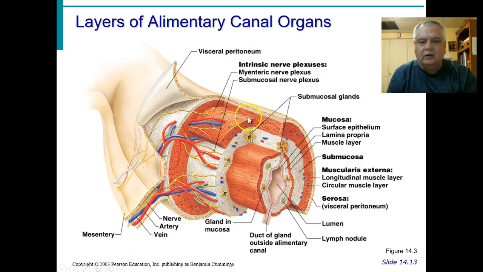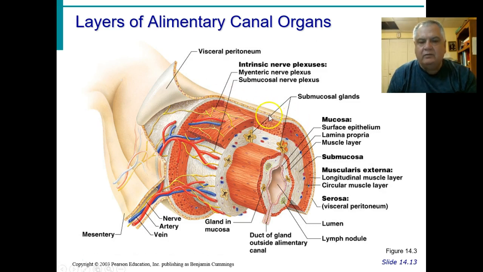And the circular layer, look at how the spindles are organized around the diameter of the organ. And so the circular layer is the inner layer, and the longitudinal layer is the outer layer. Alternating contractions of these layers will move food along through the alimentary canal.